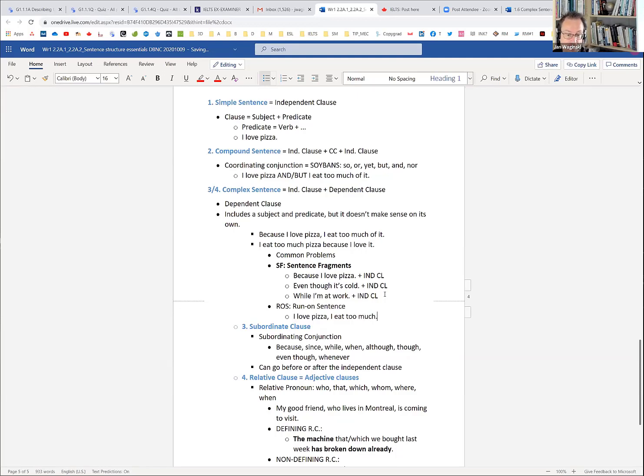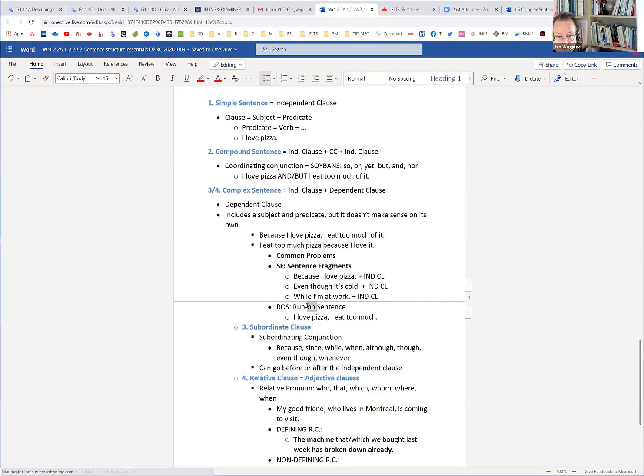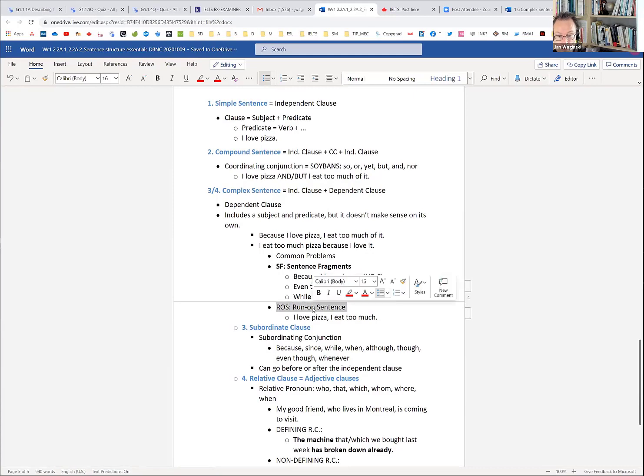This is the most common kind of run-on sentence. You've got two independent clauses, I love pizza and I eat too much, but they're separated with a comma, which you're not allowed to do. If you do that, that's what's called a run-on sentence, and more specifically, a comma splice. These are usually the same thing.